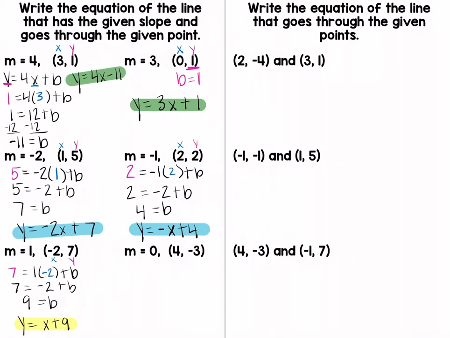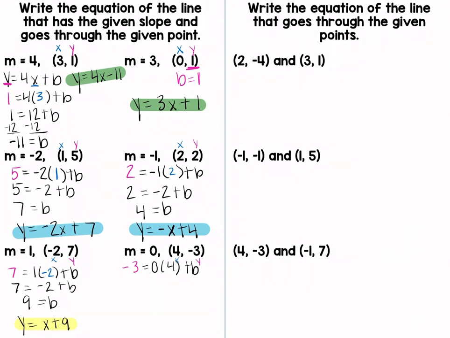Okay, and then the slope is 0, and you have 4, negative 3. So remember, x, y. So negative 3 is equal to 0 times 4 plus b.